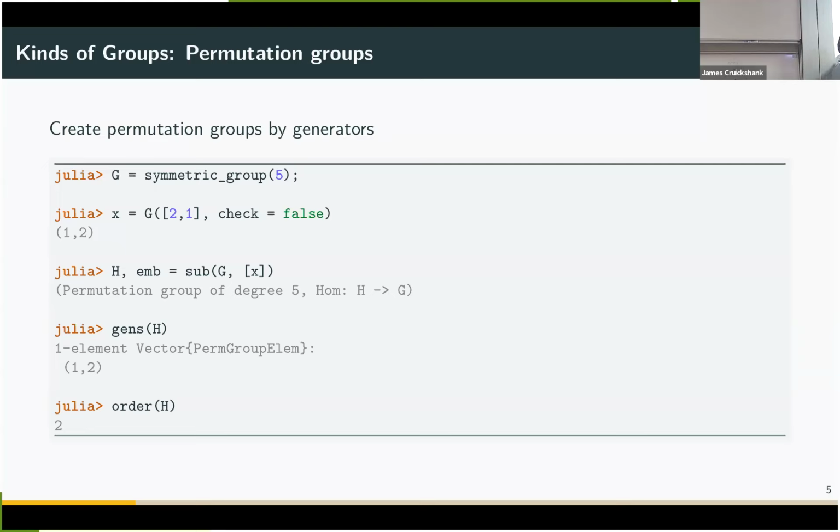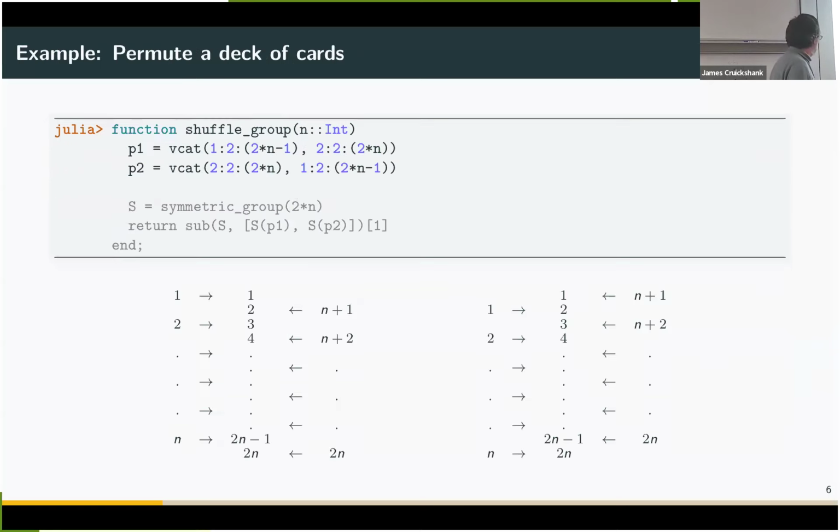So as a result, we get first the subgroup which we want, and then an embedding, a homomorphism from H to G. We also have the generators, the ones which we gave it. And this H has order 2. We can ask it for its properties, and it's just a permutation group. It's not a symmetric group, but generated in a different way.